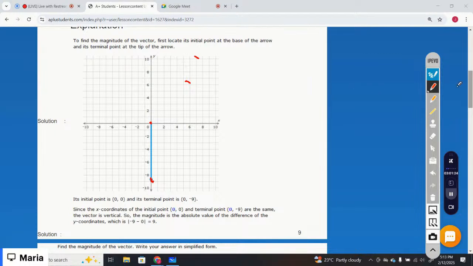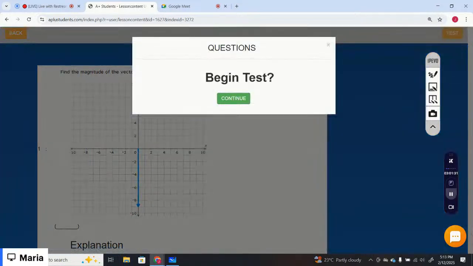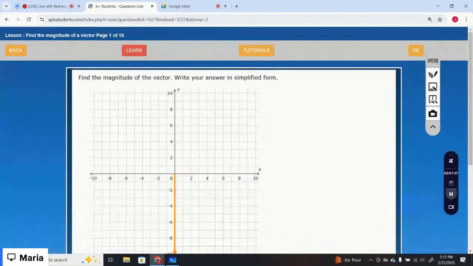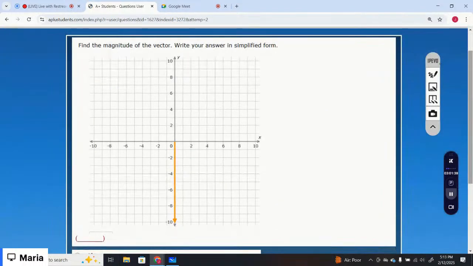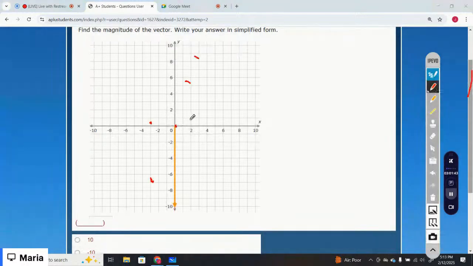Let's just start with the test questions. Let's see how we find the magnitude of the vector. Okay, find the magnitude of the vector. The initial point is at 0, 0 and the terminal point is at 0 and negative 10.